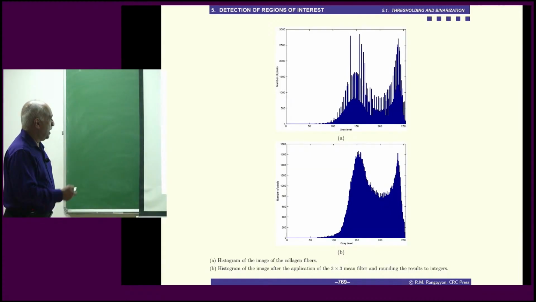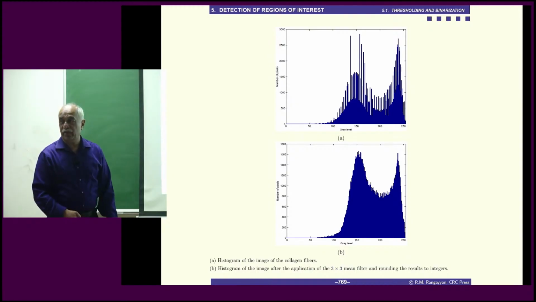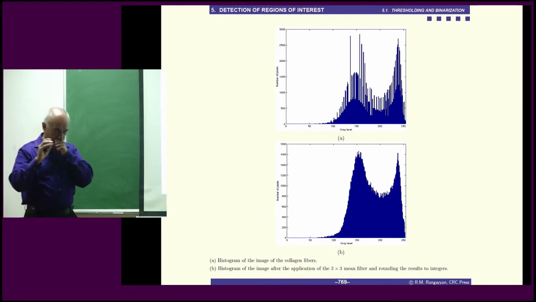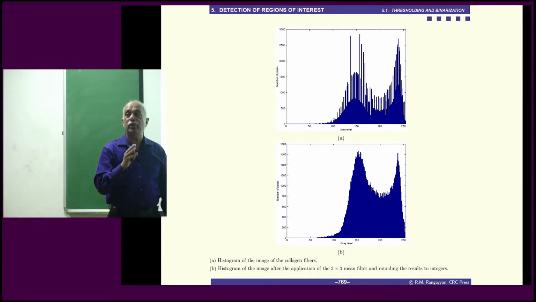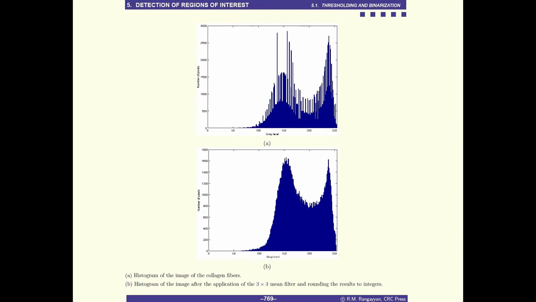If you take a histogram, I showed this earlier, of the original image, because of noise there is so much variation. After filtering, you get a good bimodal histogram. When you have an object versus background, you expect the histogram to be bimodal. One mode for the object and one mode for the background.